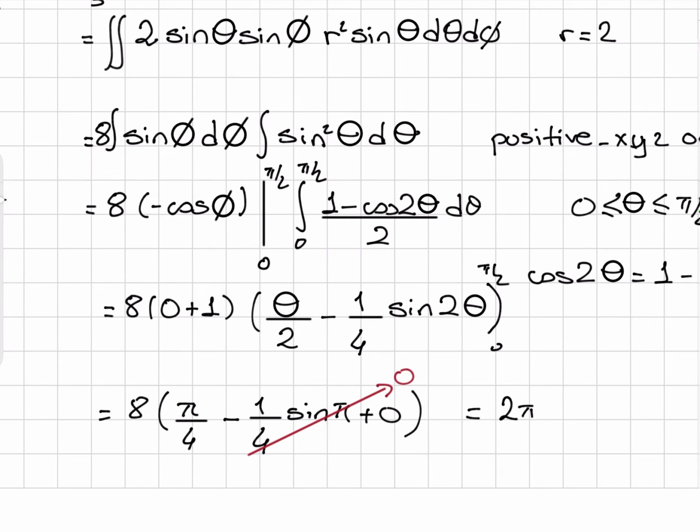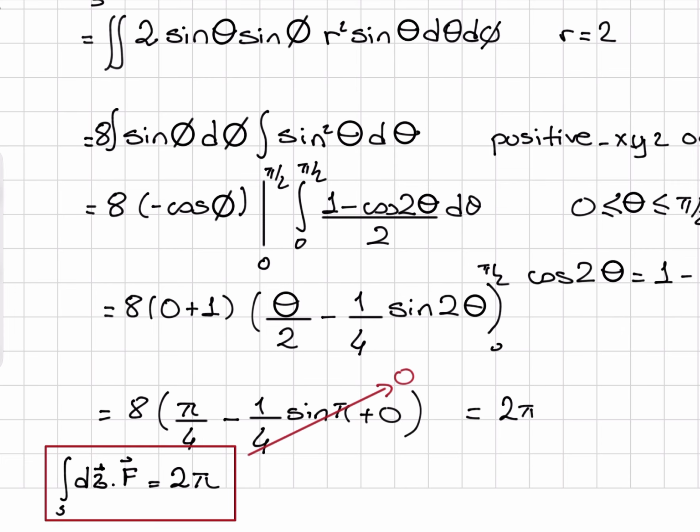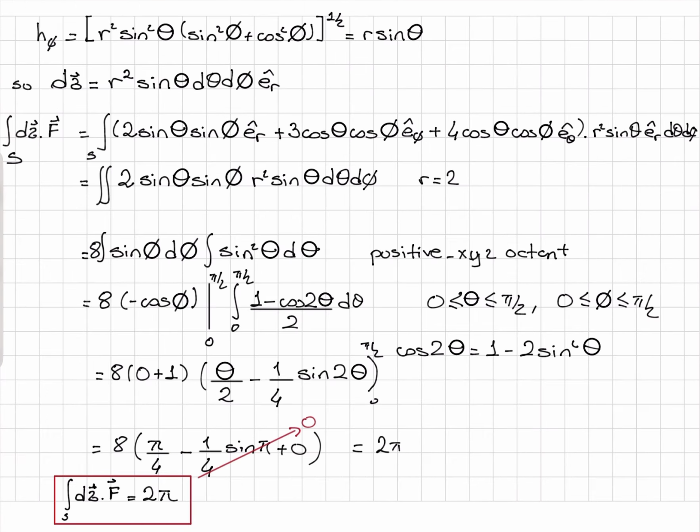So I can finally write my answer for the surface integral d sigma dot product with my vector f for the first octant is 2 pi. This is our final answer.